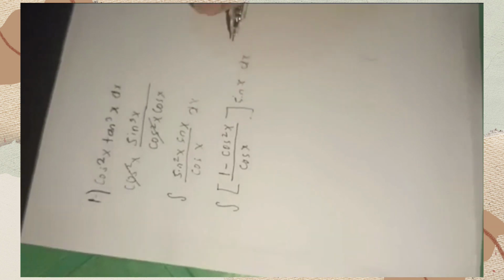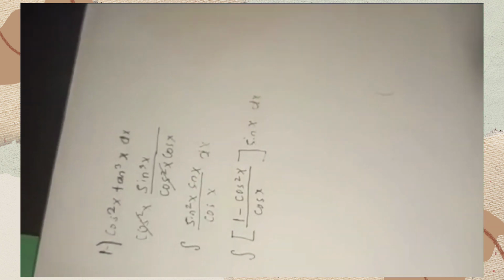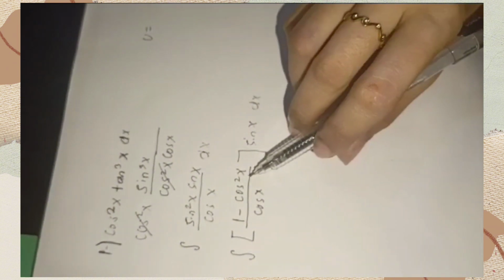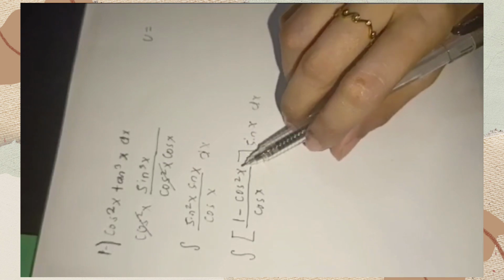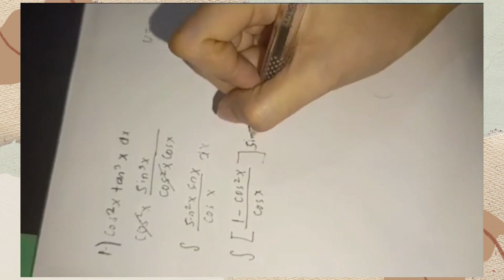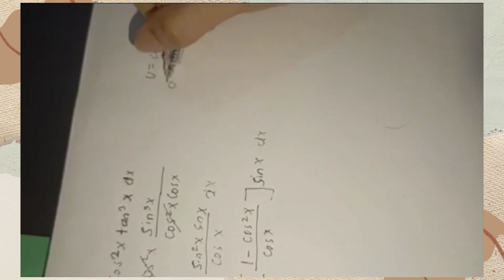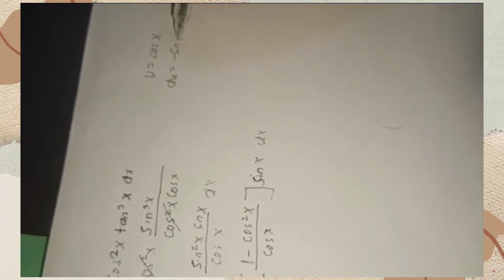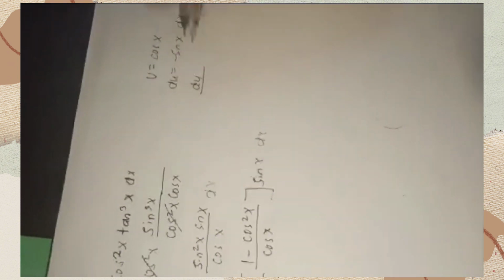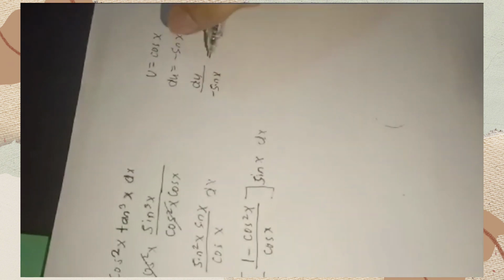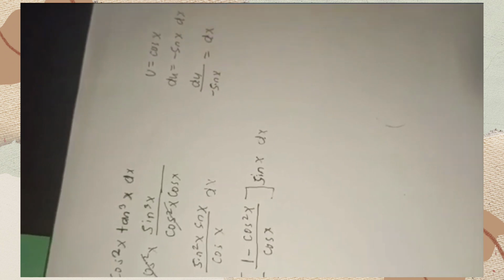So our u will be cosine x, because the derivative of cosine is negative sine x. So u is cosine x and the derivative of u is negative sine x dx. And our dx will be du all over negative sine x.